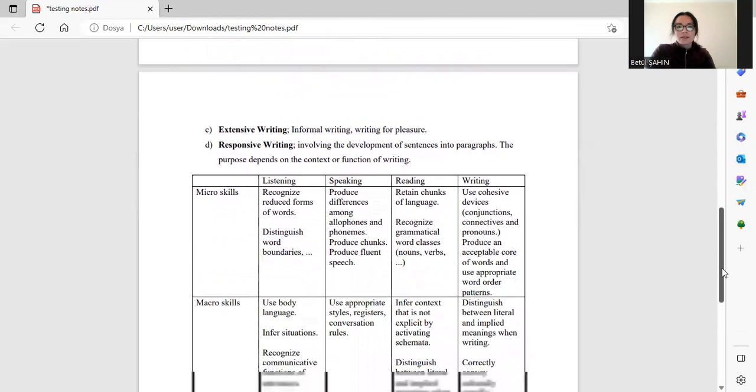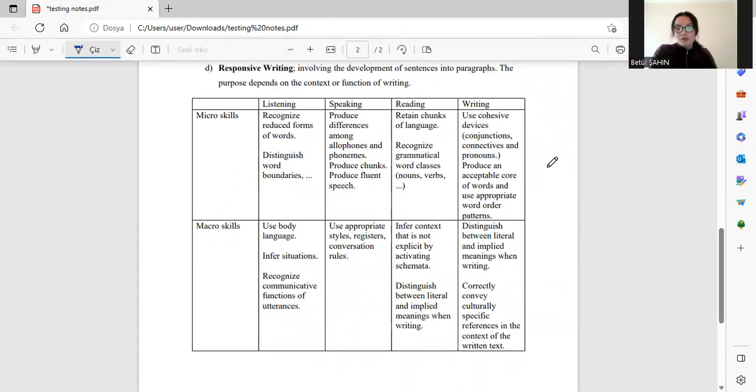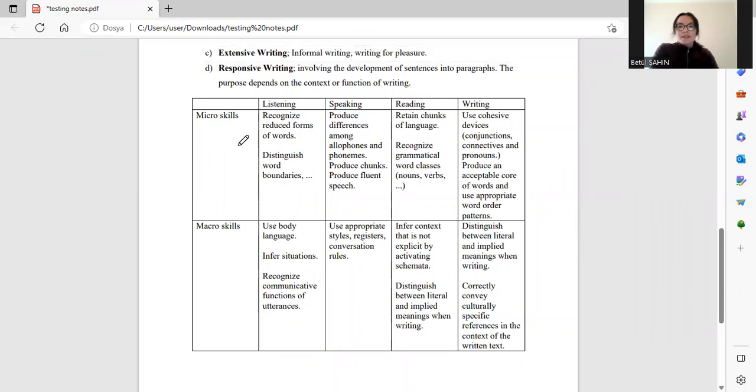Okay, now we will just talk about micro and macro skills. Some skills for listening. Actually, for micro skills we can use the word production, because usually we use production, and macro skills is usually for understanding something.